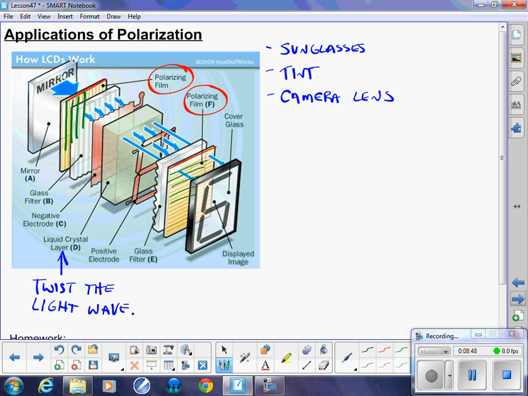So in this region here, it will twist that light wave so that it is aligned horizontally. So that means that the light wave, I'll cheat a little bit here, it's drawn like that. Once it goes through, it's now oriented the other direction. So now you're thinking, okay, well that makes no sense because that means all the light will get through.